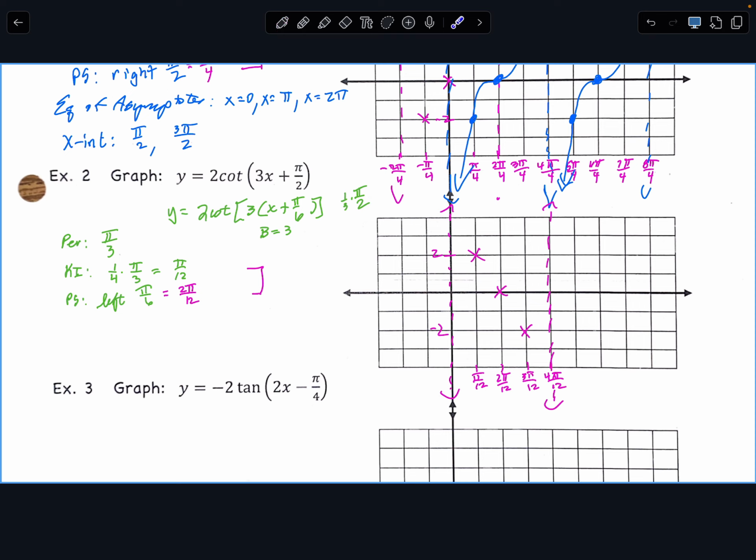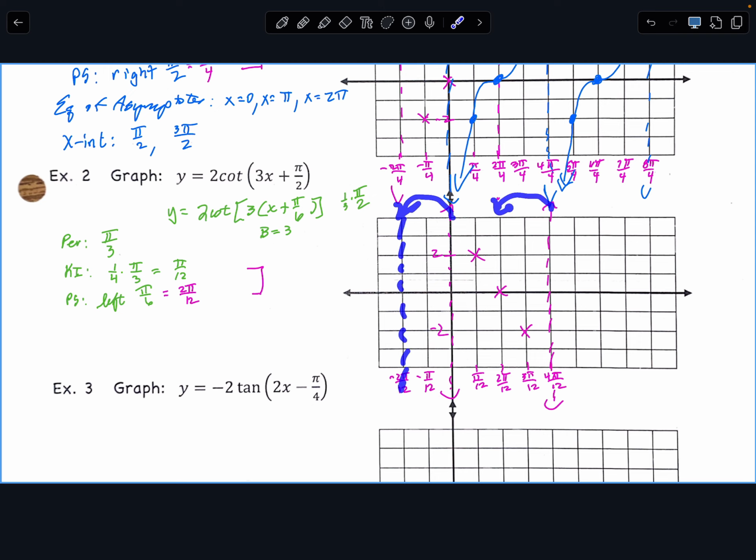And now you need to apply your phase shift, and it's 2 sets of the pi 12, so we need to go 2 key increments to the left for all of these. And so this asymptote is going to move to here.